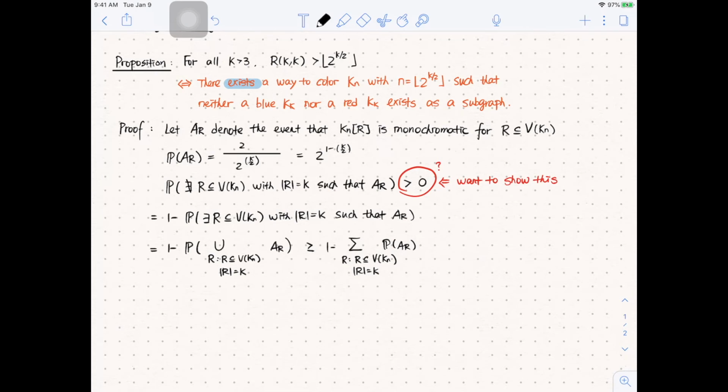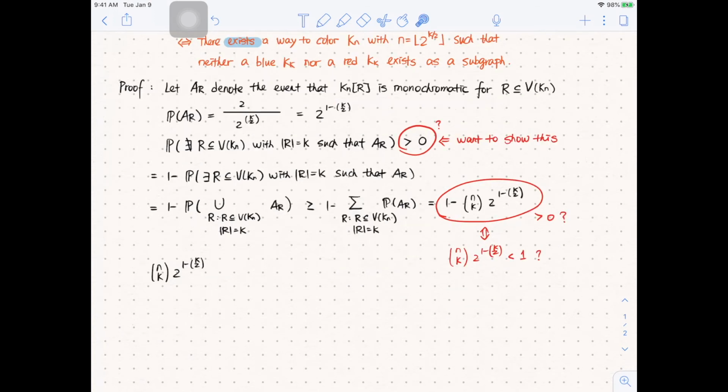Now we can plug in the quantity we calculated earlier to get this. And this number n choose k is just the total number of ways you can choose the subset R. So now we just want to show that this quantity is greater than 0, or in other words, that this quantity is strictly less than 1.